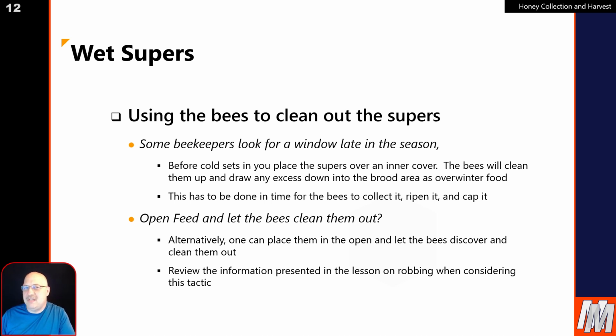The premise of this particular approach is that the bees will come through the hole in the lower inner cover, see the resources above, and consider that no man's land, collect what's in there, and bring it back down into the brood chamber, especially as the weather gets colder.